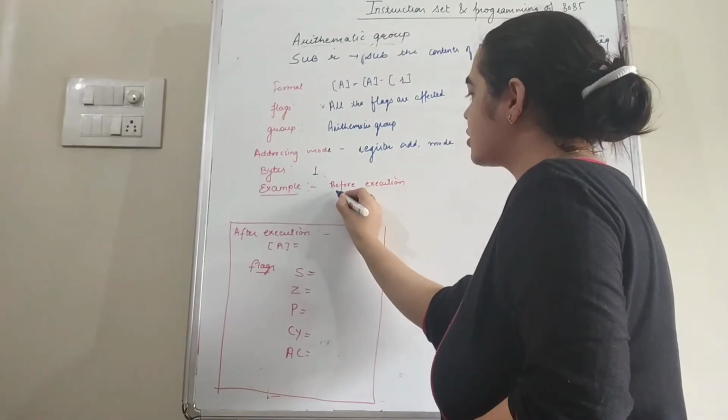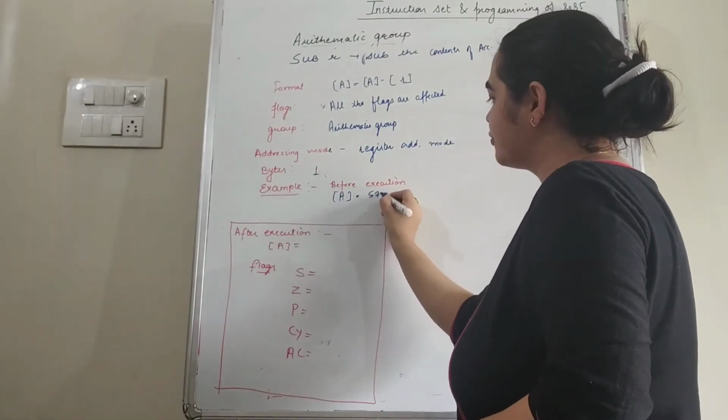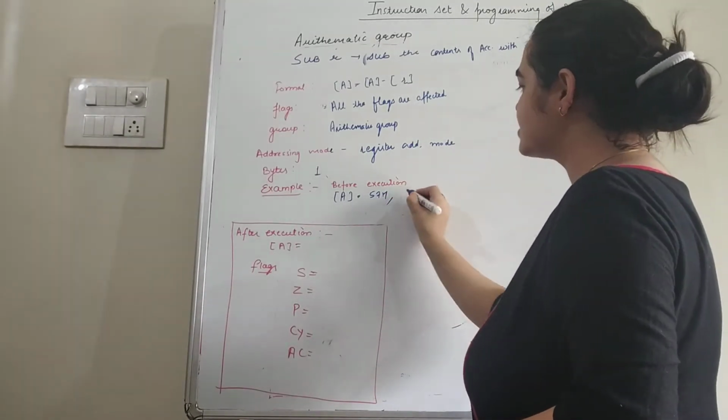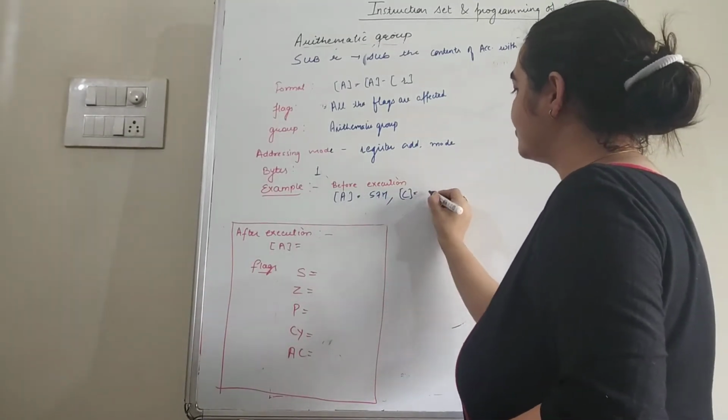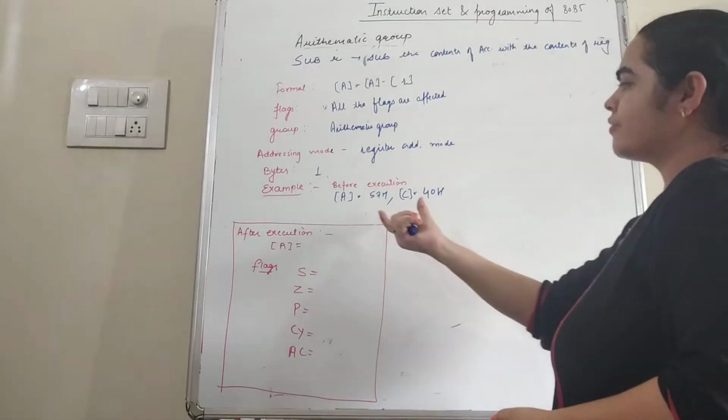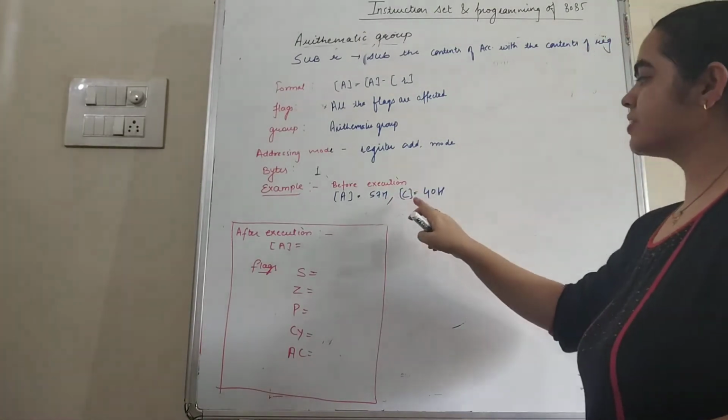Suppose in the accumulator we have the value 57H, and we have a register, the C register, which has the value 40H.